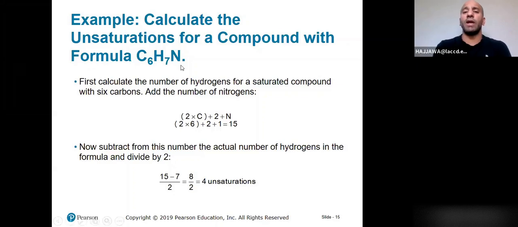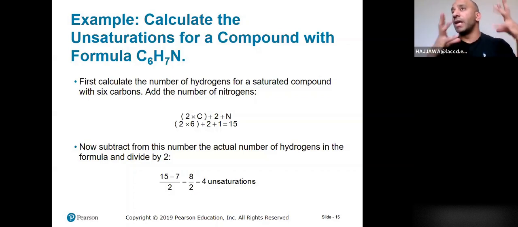Here's an example where nitrogen exists in a chemical formula. 2 times number of carbons plus 2, so that's 14. Plus nitrogen, that's 15. Minus number of hydrogens, that's 7. So 8 divided by 2, that will be 4. What does 4 mean? Again, there are a lot of choices here. I could have a phenyl ring. Phenyl means you have 3 double bonds and a ring, so that's 4.